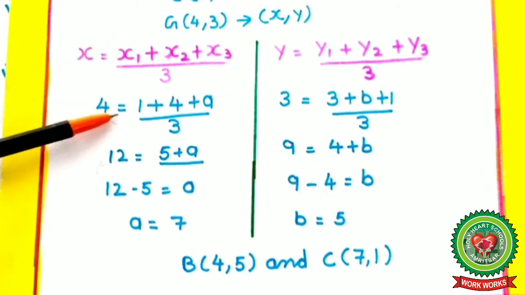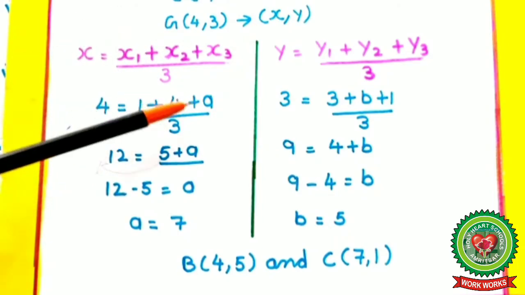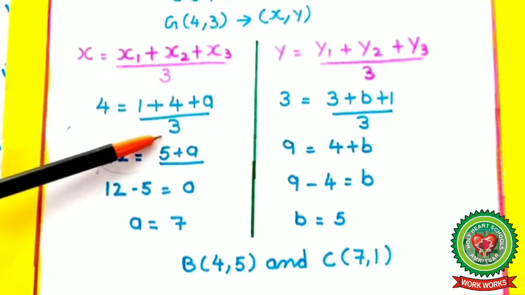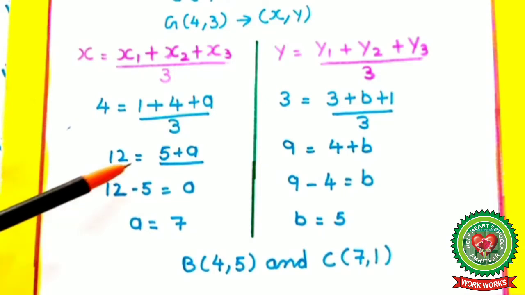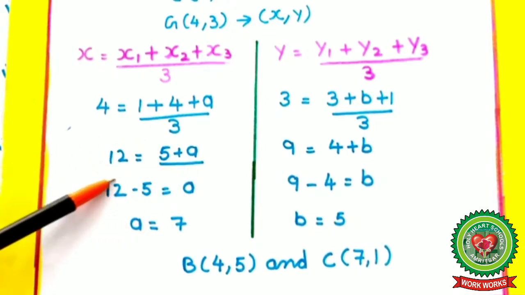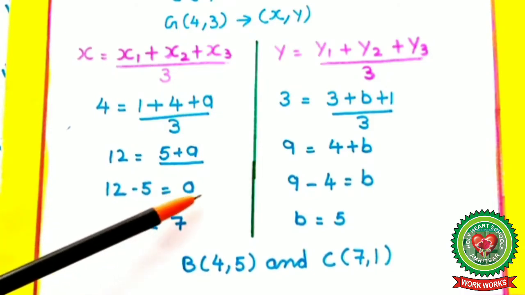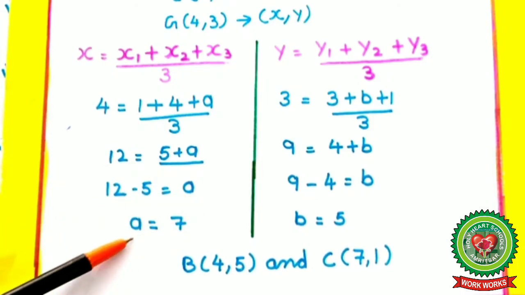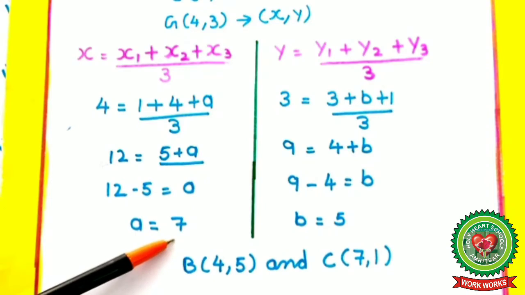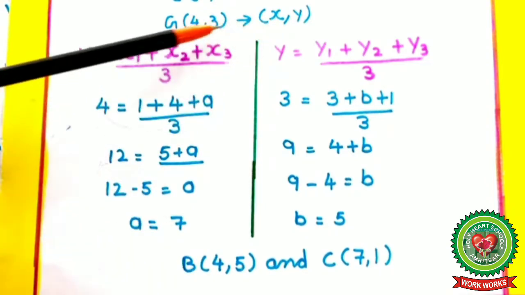Now 4 equals (1 + 4 + a) upon 3. Then after shifting, 4 into 3 is 12. 12 equals 5 + a. Then after shifting and collecting like terms, 12 minus 5 equals a. Then the value of a is 7. And the value of y is 3.